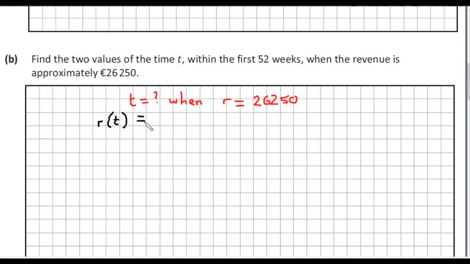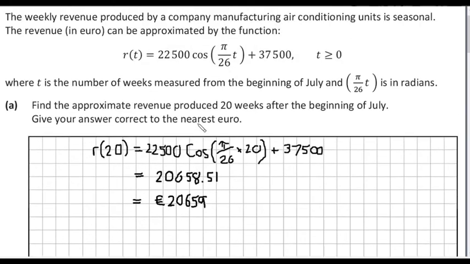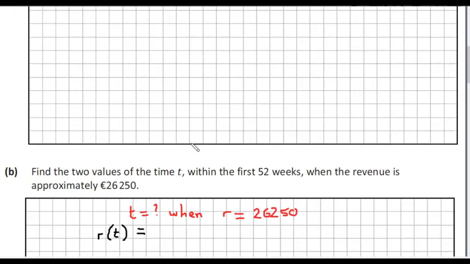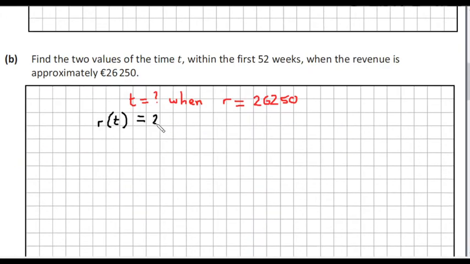So the function that we had earlier was this here, 22,500 cos of pi over 26t plus then 37,500. So that's the function that we're given.